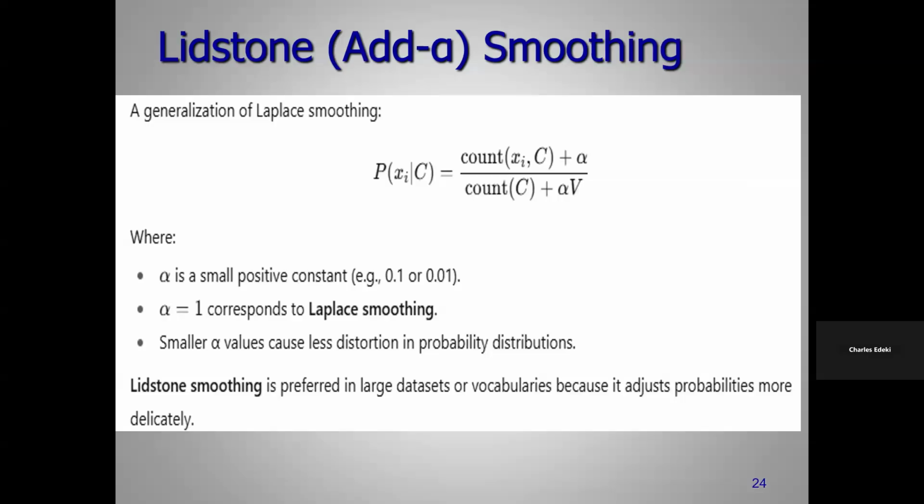If it's 1, then it's Laplace smoothing. The most common choice, I would say, is 0.5. With 0.5, it's often referred to as expected likelihood estimation, ELE, in statistics.